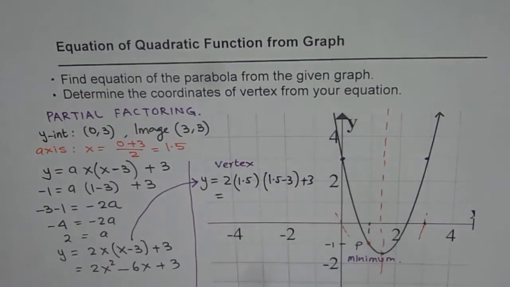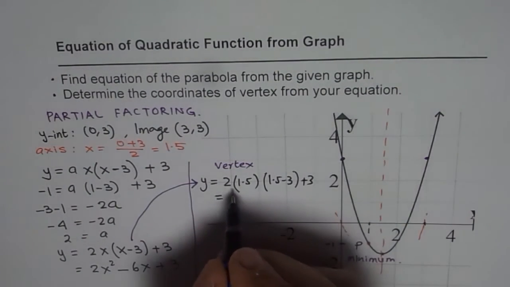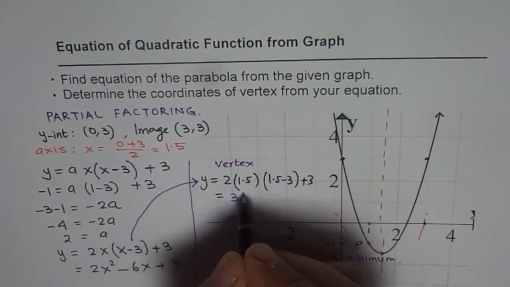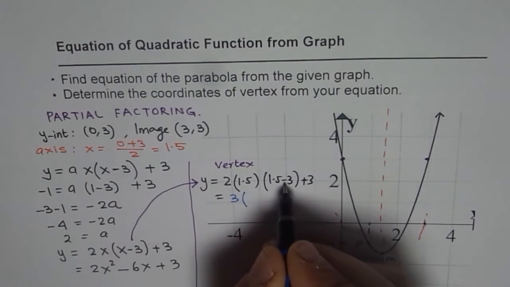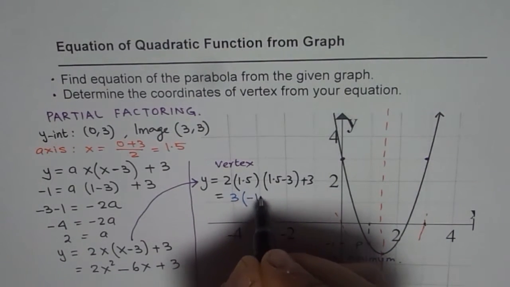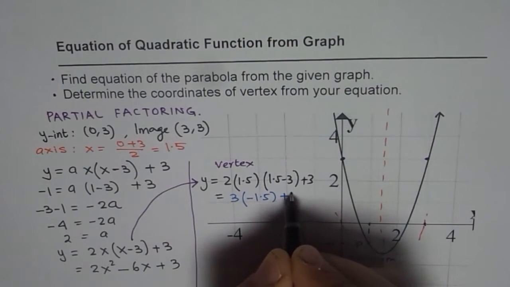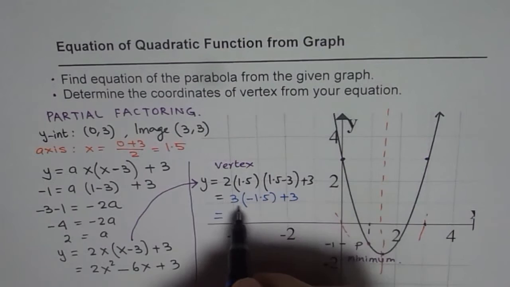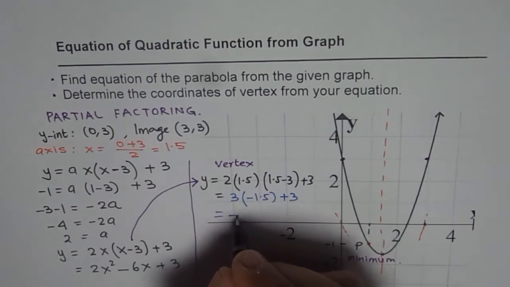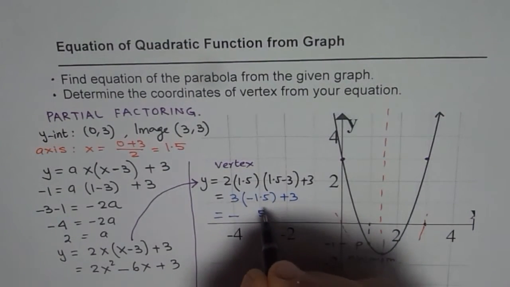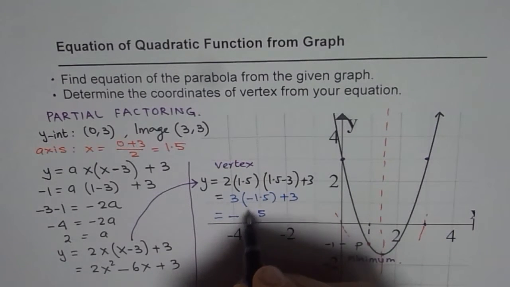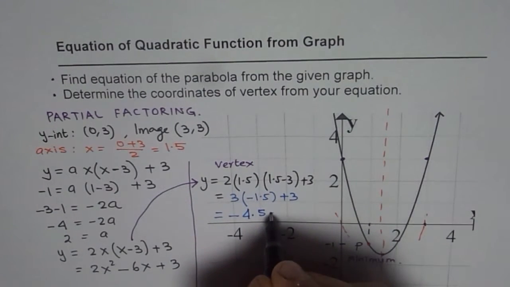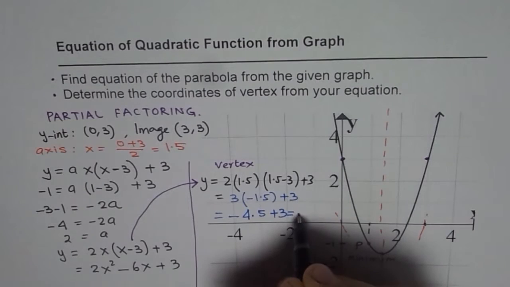Let me change the ink so that it doesn't mess with the graph. So we have 2 times 1.5 is 3, and 1.5 minus 3 is minus 1.5, plus 3, correct? So that gives us 3 times minus 1.5, which is minus 4.5, plus 3, and that gives us a value of minus 1.5.